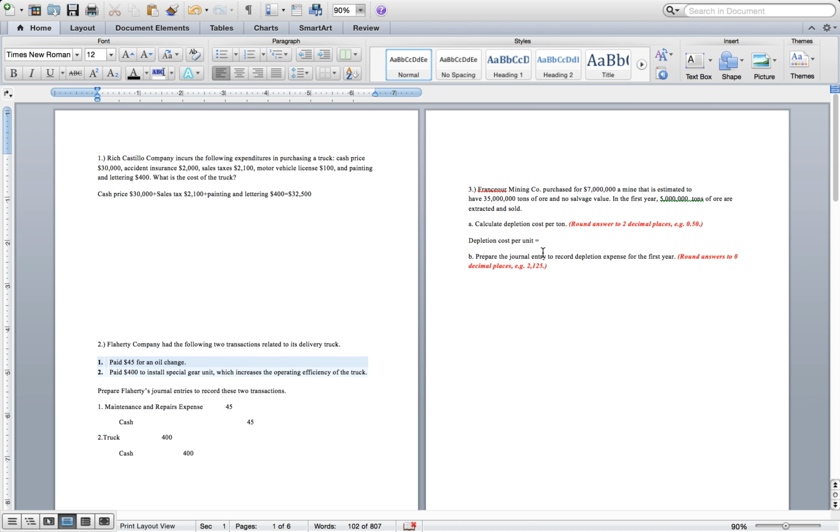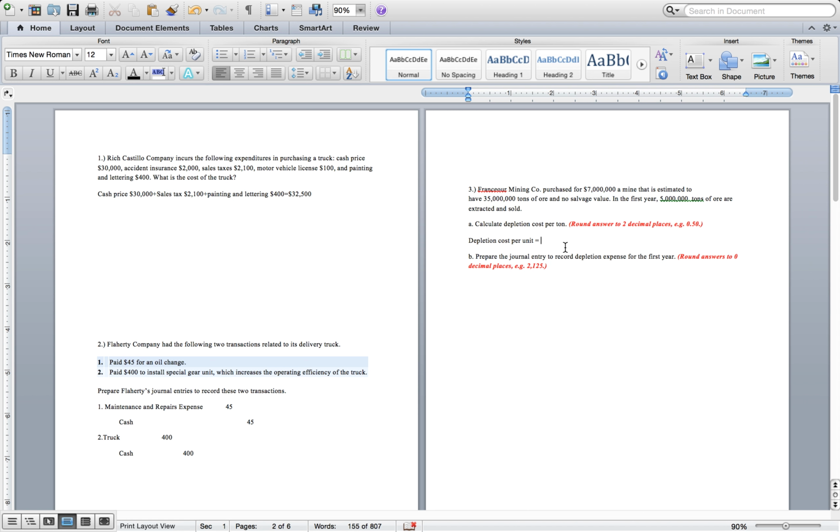And here, number 3. Number 3 says Rancor Mine Company purchased for $7 million a mine estimated to have 35 million tons of ore, no salvage value. In the first year, 5 million tons of ore are extracted and sold. So first things first, you want to get the depletion cost per unit. Because here, remember, natural resources we don't depreciate, we deplete.